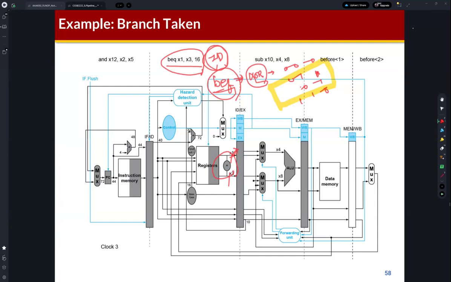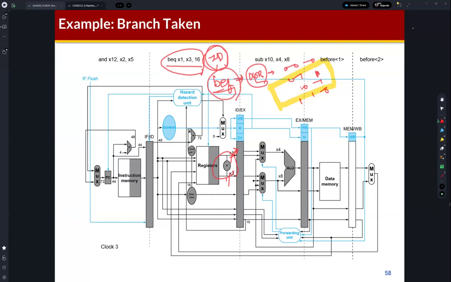The exclusive OR gate is much faster than a subtractor, right? So we can compare the equality of each bit in parallel, and then we can just apply the large OR gate. By doing this, we can quickly get the result of BQ, right?